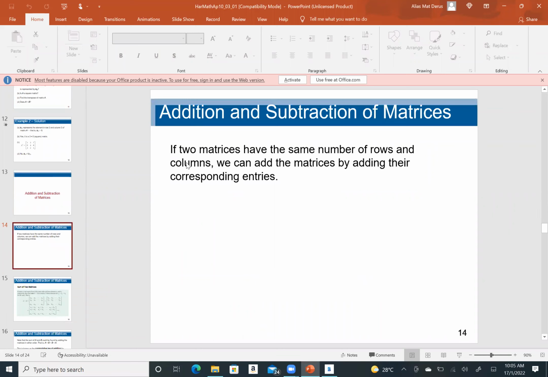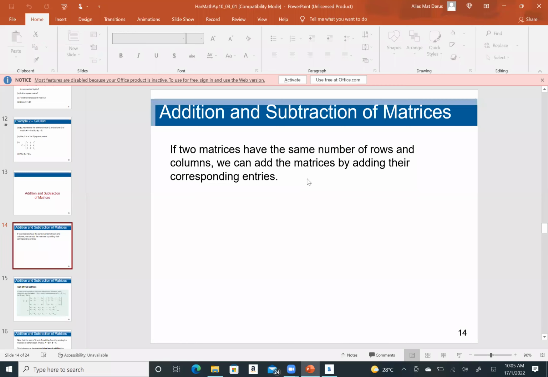You can add two or more matrices, it can be two or more, if they have the same number of rows and the same number of columns. And then you add by adding the elements of the corresponding row and corresponding column.